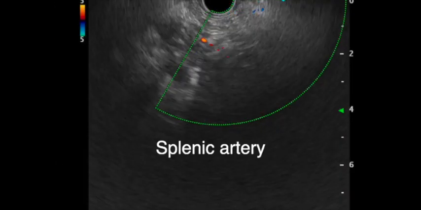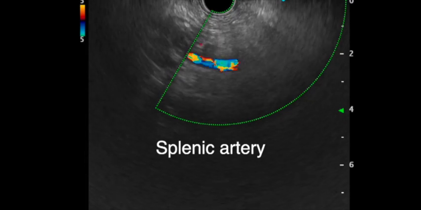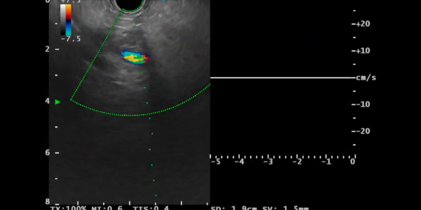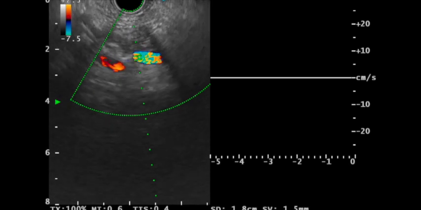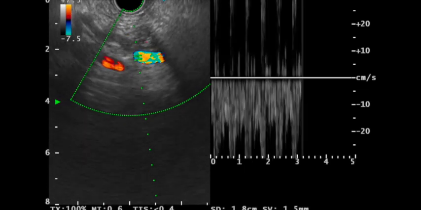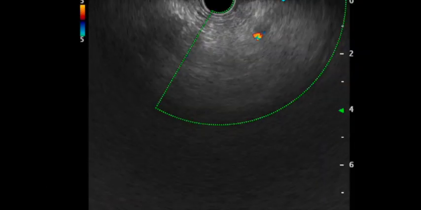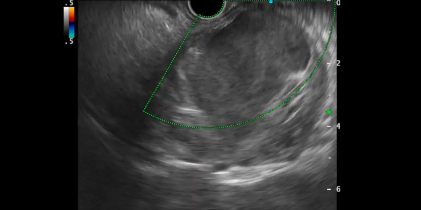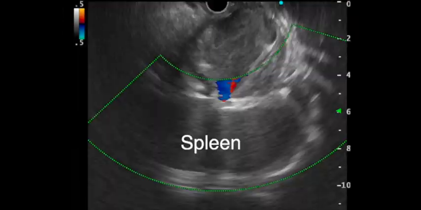On tracing, it was observed that the pseudoaneurysm was arising from the splenic artery. Active oozing from the splenic artery into the pseudoaneurysm was also observed at the splenic hilum.